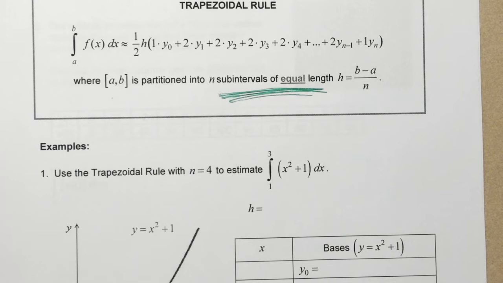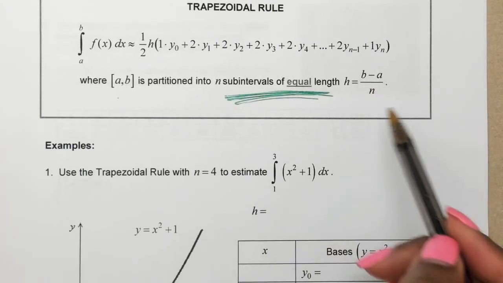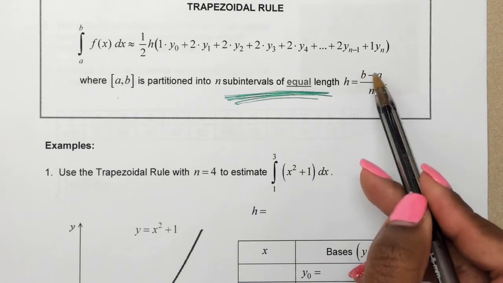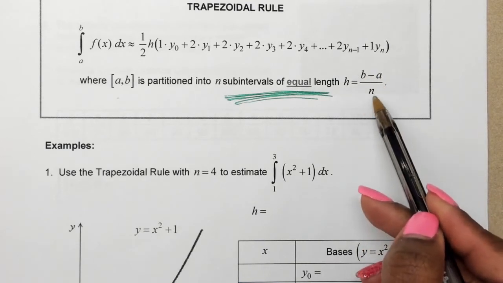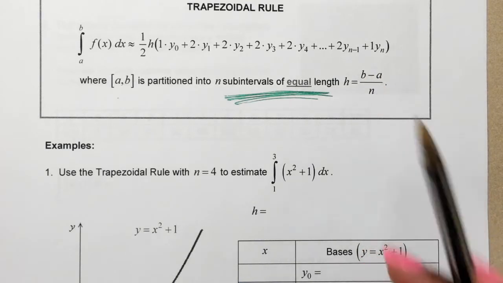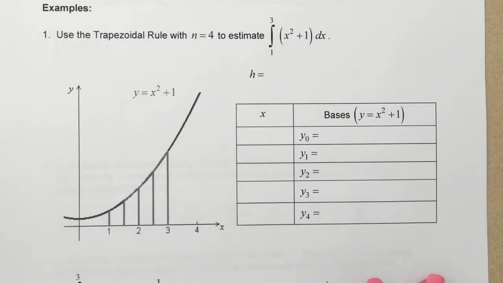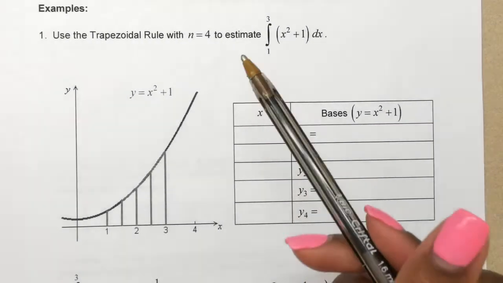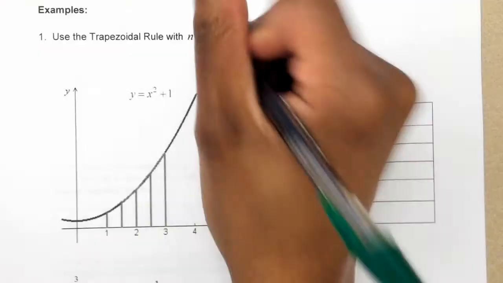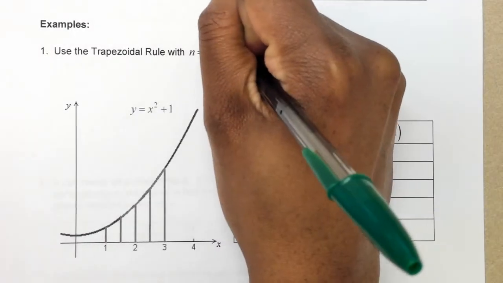To make your subintervals of equal length, you would take the upper limit minus the lower limit and divide by the number of subintervals that you want. So for example, number 1, we want to use the trapezoidal rule with n equals 4. This is how many subintervals we want.